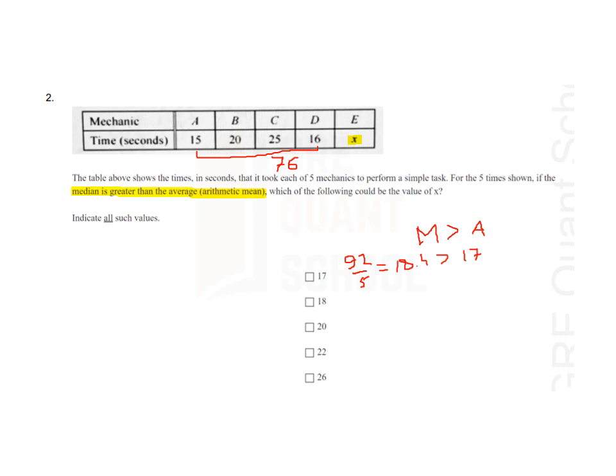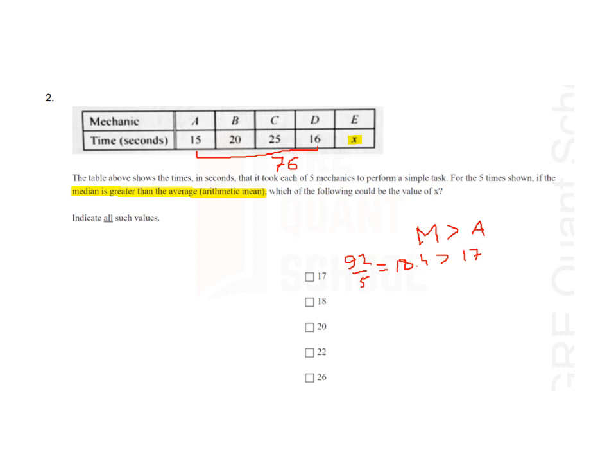However, if we rearrange the numbers in ascending order, we get 15, 16, 17, 20 and 25. So among the 5 numbers, the third number will be the median. So the third number is 17, and we get the median 17 and the arithmetic mean, that is 18.4.